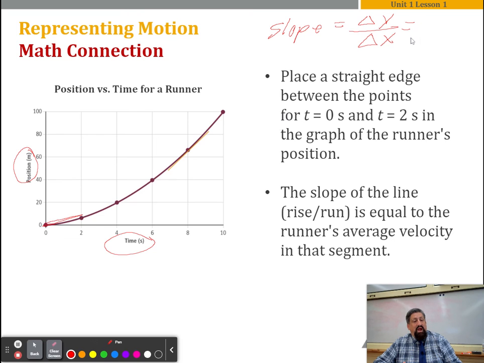So in this graph, a position versus time graph, delta y over delta x is the same as saying a change in position over a change in time, which is the same as saying velocity. Okay, so the slope of this straight line is equal to that runner's average velocity over that time period.